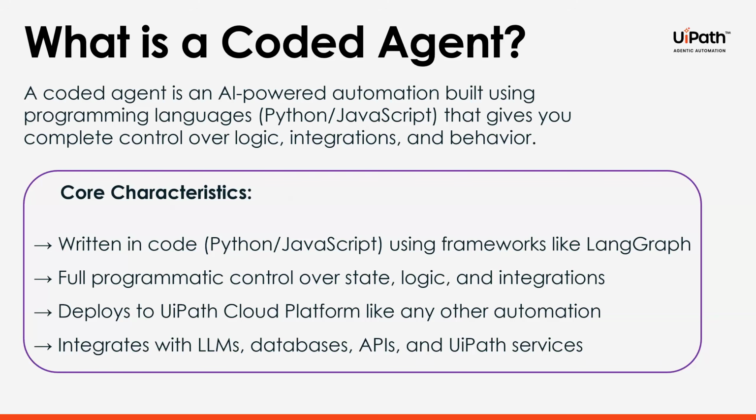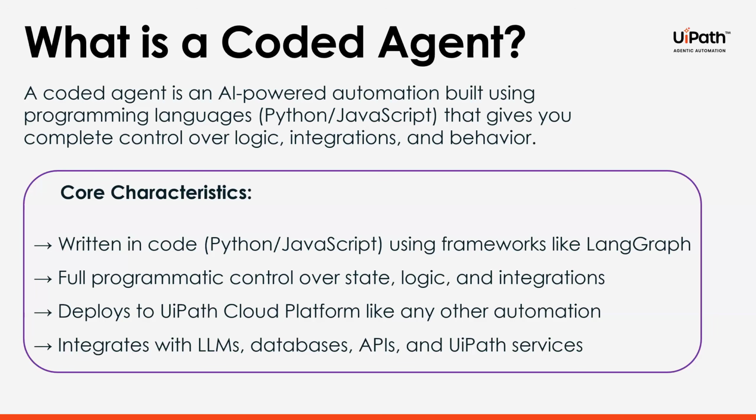If you look at the core characteristics, they are written in code, leveraging the power of programming language, and it gives you full programmatic control over the state, logic, and the integrations that your agents will use. And just like any other standard process, you can deploy it to the UiPath cloud platform and integrate it into your folders or your automations. It also integrates with LLMs, databases, APIs, and UiPath services.